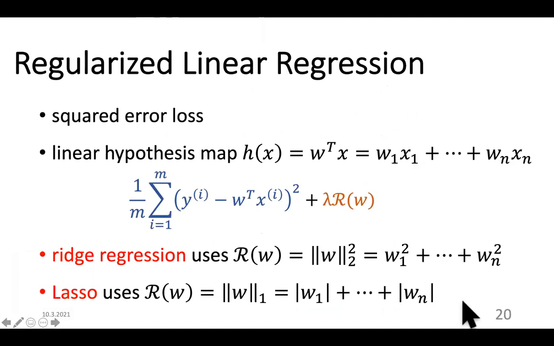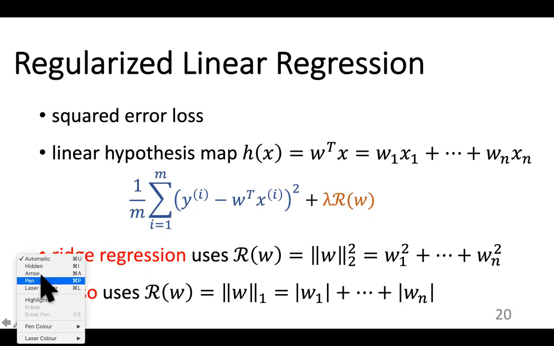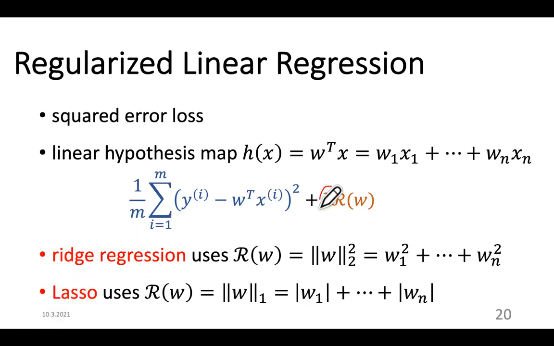For example, for this ridge regression method, this uses as regularization term the sum of squares of the weights. So when you plug this in, there is no data. This regularization term does not depend on data at all. It only depends on the hypothesis map, or in this case, on the weights of the hypothesis map. Yeah, I forgot to also discuss this parameter lambda. This is a tunable parameter. This is called the regularization parameter.